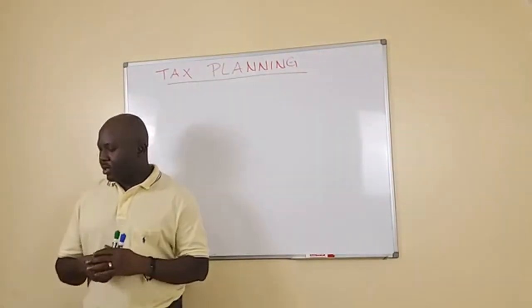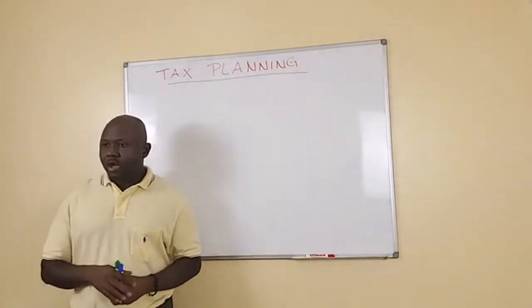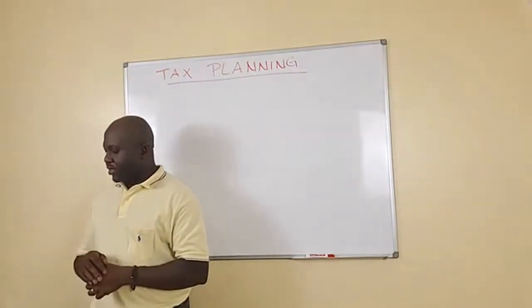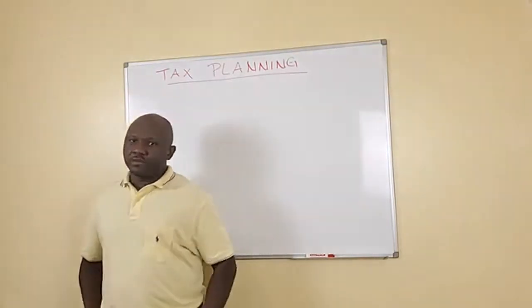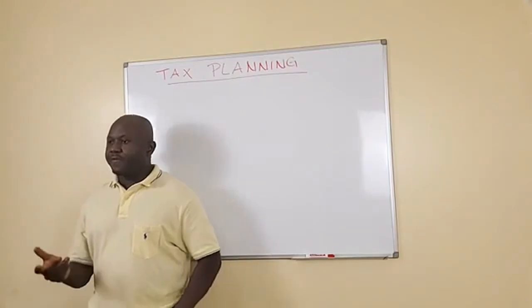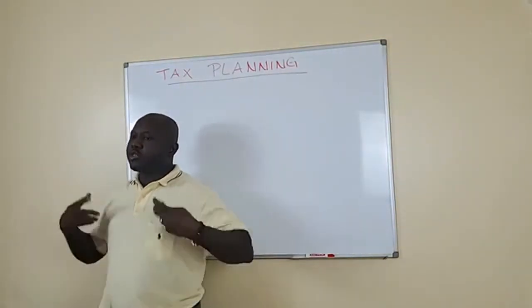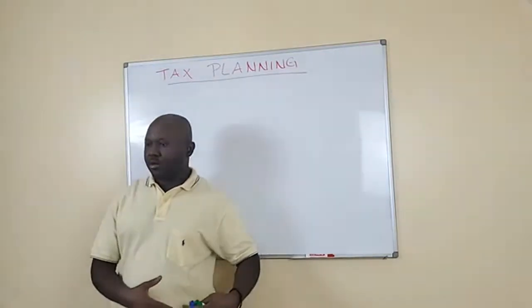And if you do nothing as an individual, for example, what will happen? Or even within the company, if you do nothing as a company, let's say as an individual, you may lose something like your house, right? If you owe the IRS and you don't know how to negotiate, because you didn't know what to plan to help you owe less money on your house.